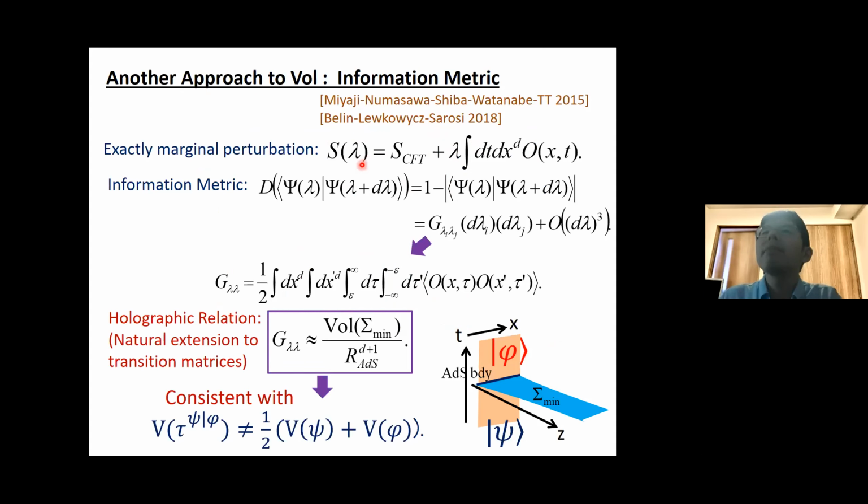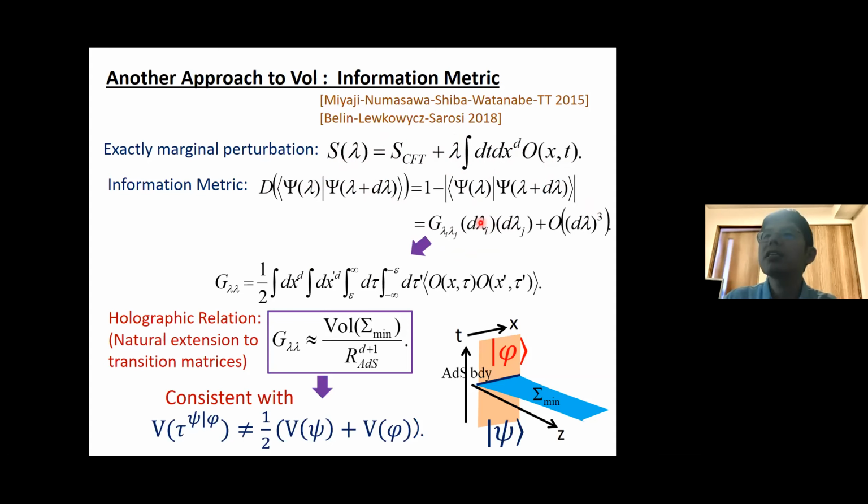But here I just talk about a very rough argument. We consider some conformal field theory and an exact marginal perturbation, with some parameter lambda. The ground state is parameterized by lambda, and if we have a state parameterized by some parameter, we can define the information metric. This is just the standard definition of the information metric.